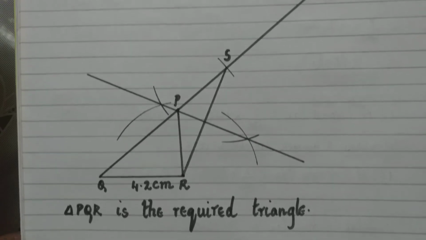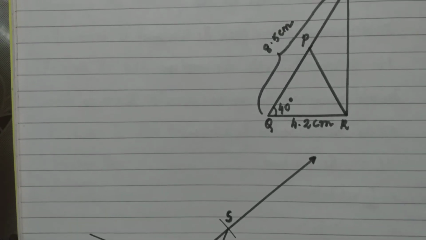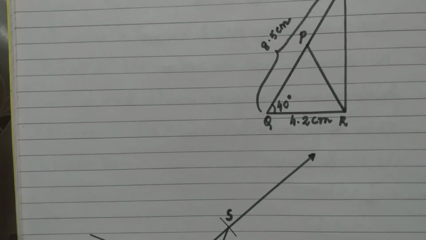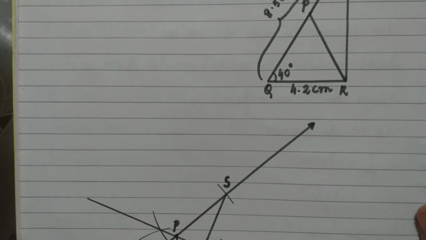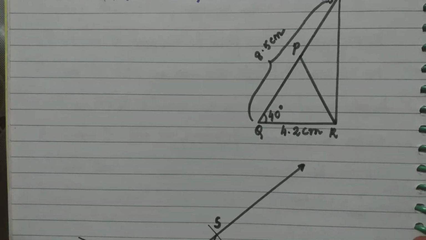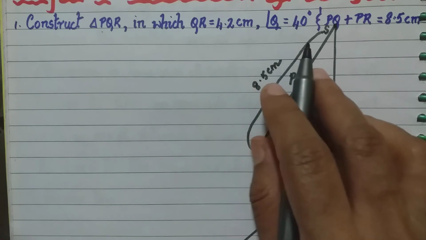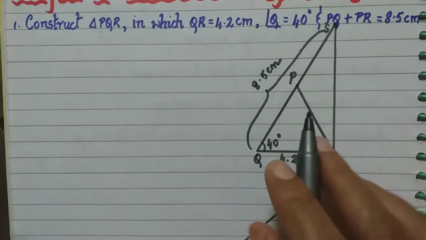Let us once again quickly go through the steps of this. In this practice set 4.1, what are they giving us? They are giving us the base of the triangle, an angle adjacent to the base, and the sum of the lengths of the remaining two sides. What we do?